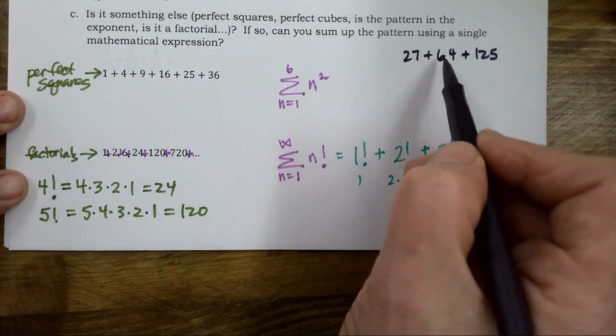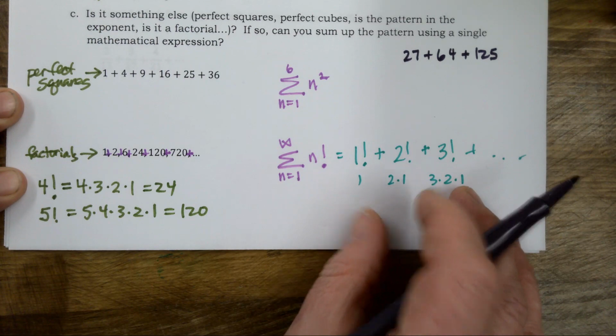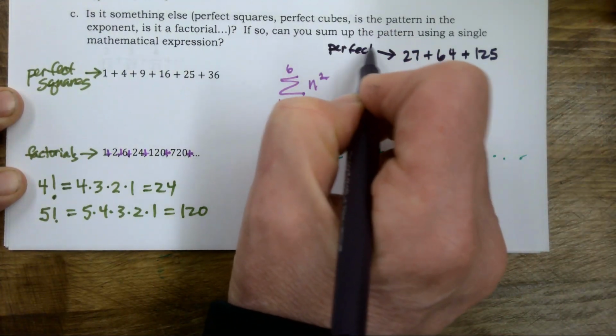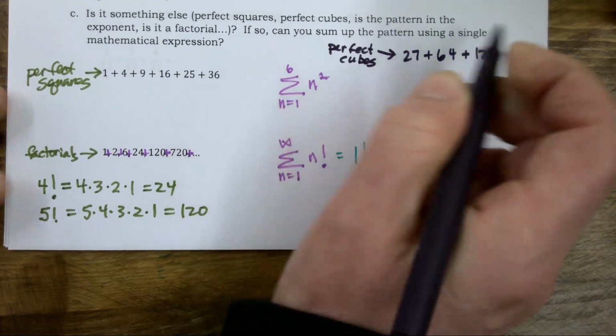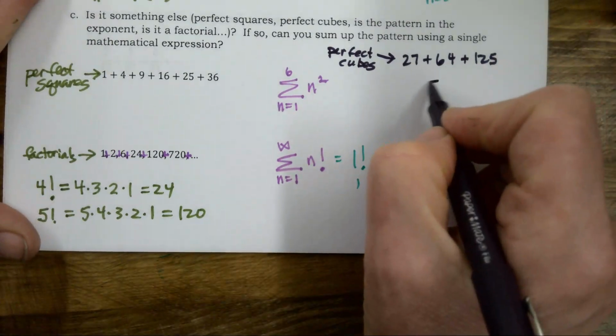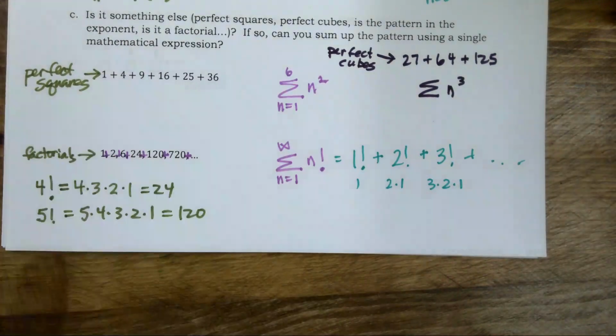What's the pattern? Perfect cubes. Pulled them right off the perfect cube list there. So when I make my sigma notation, I'm going to cube whatever value I plug in.